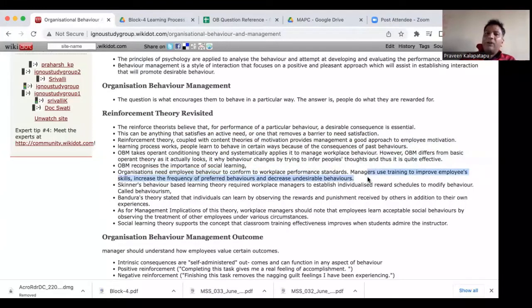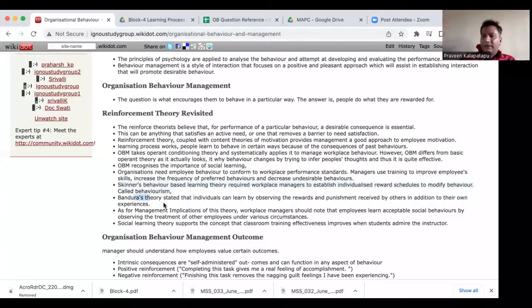So it also talks about the importance of training, so that people go towards that particular behavior. We talked about training yesterday as well. Skinner's behavior-based learning theory required workplace managers to establish individualized reward schedules to modify behavior, called behaviorism. So Skinner said to utilize a reward-based system to make sure the behavior is fostered, right?